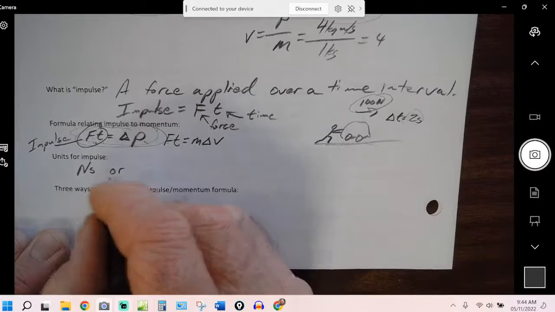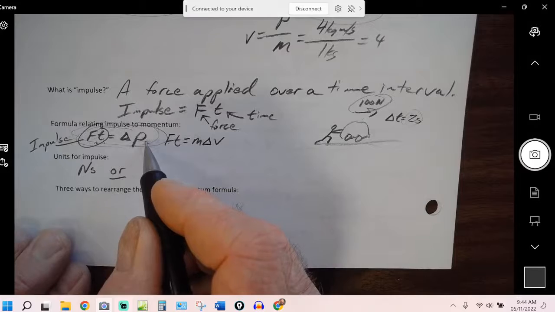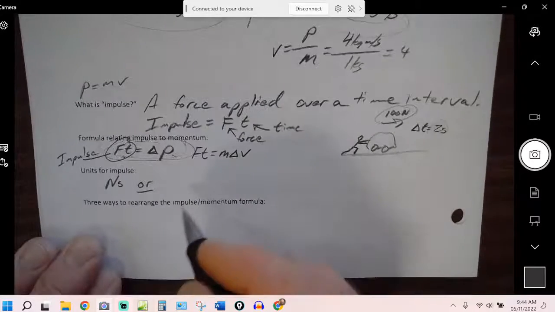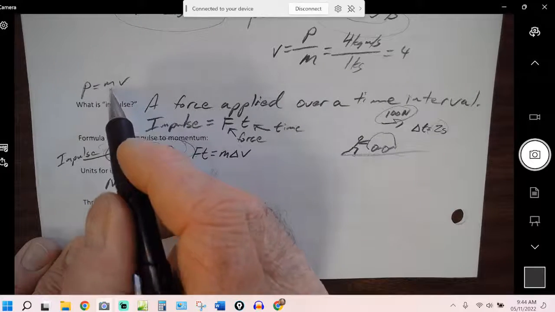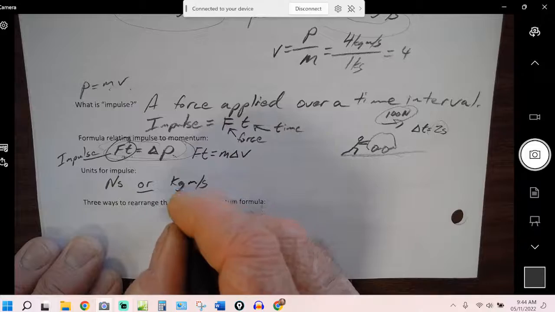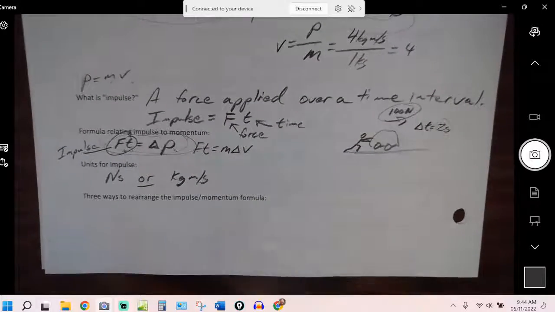Or, since impulse is change in momentum, we can do the same units as for momentum. And momentum is mass times velocity, so the units for momentum are kilograms meters per second. A kilogram meter per second is the same thing as a Newton second. It's kind of weird, but trust me on that.